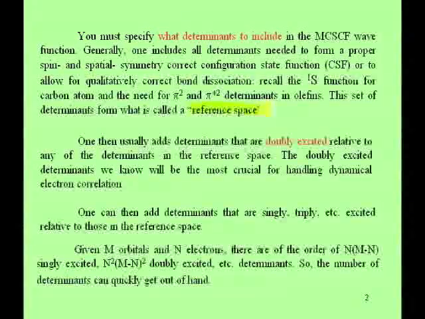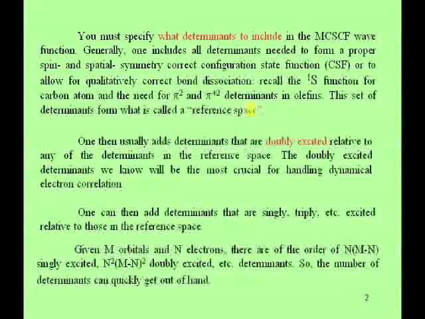So in MCSCF theory, you make that choice, singlet S carbon, pi squared and pi star squared for the olefin. Then you could do an MCSCF calculation where you only use those chemically intuitively chosen determinants. That would be like a minimal valence space MCSCF theory.